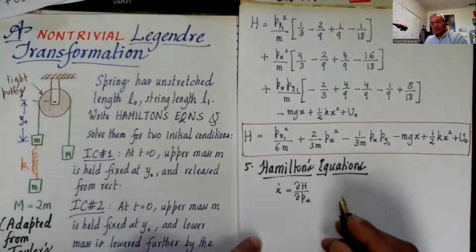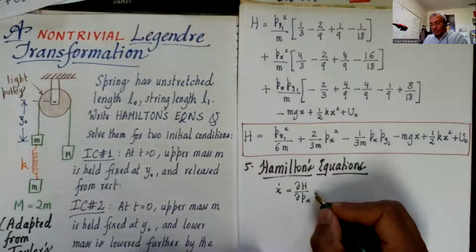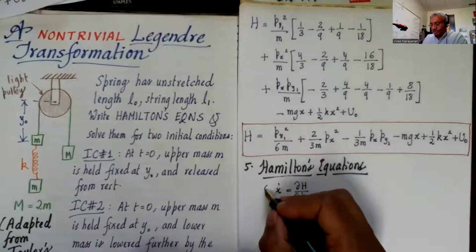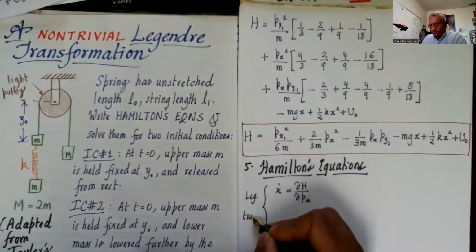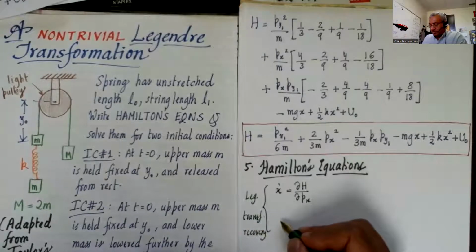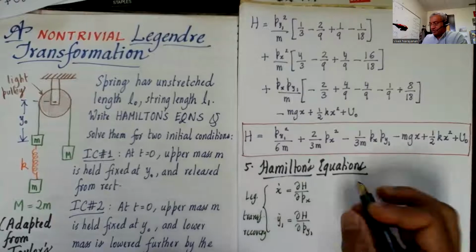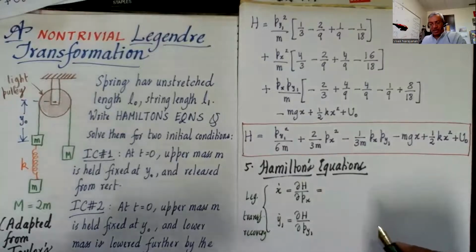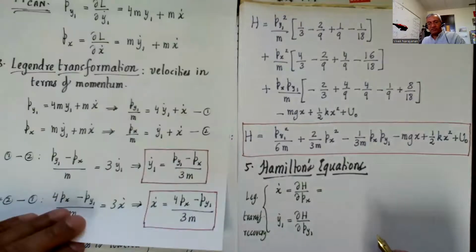It's a good way to see if you've done your work right. So let's do that. And then the other one will be y1 dot equals del H over del py1. So let's make sure we get our Legendre transformations back. To recall, the Legendre transformations are here.